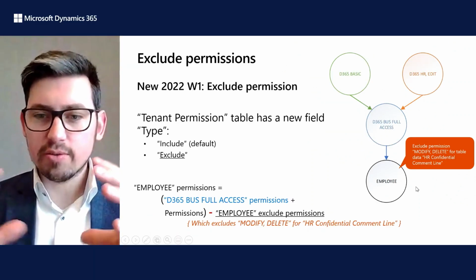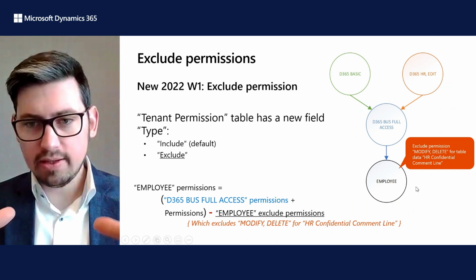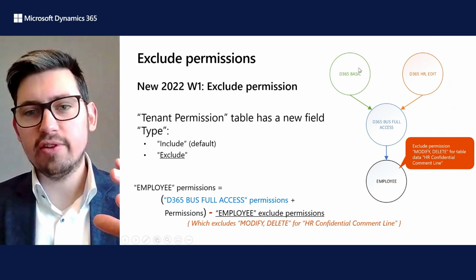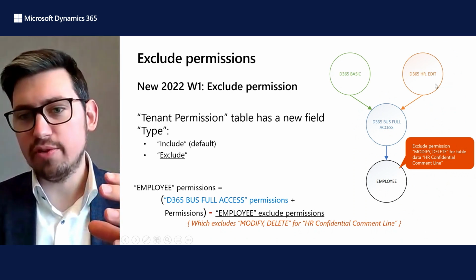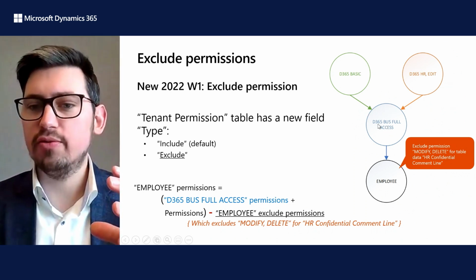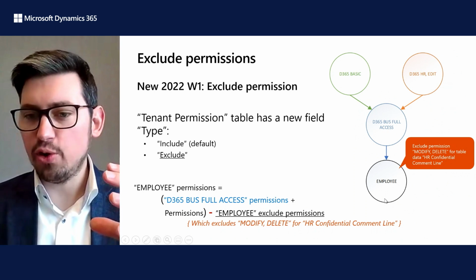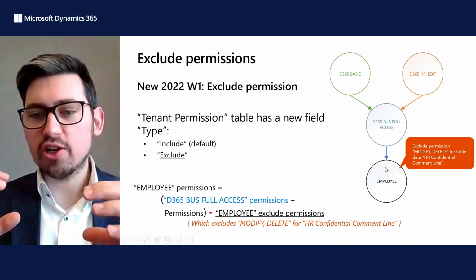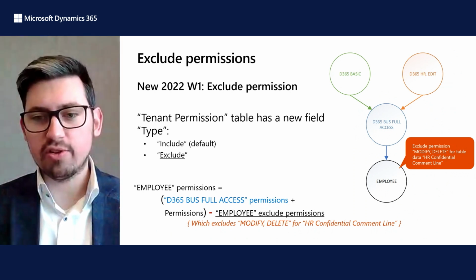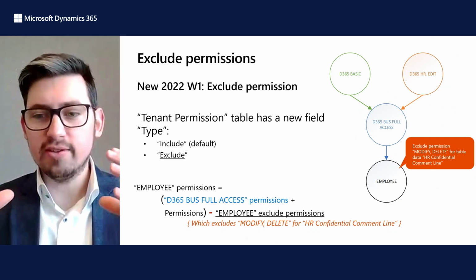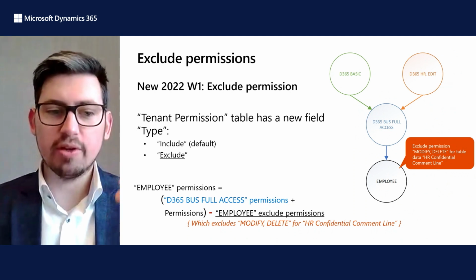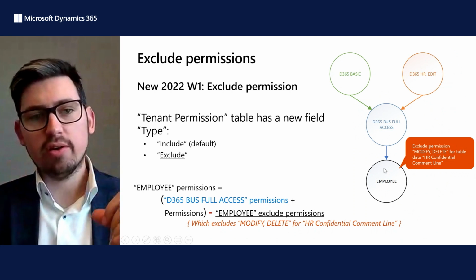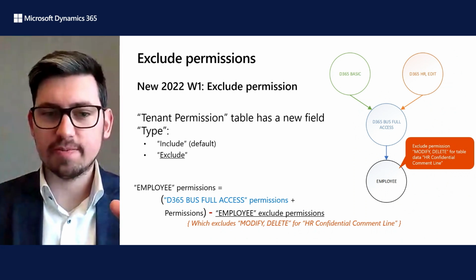So the resulting permission is that all the permissions coming from this node, D365 Basic, D365 Shared, they flow down the tree, D365 Business Full Access, and they flow to employee. And then we have this HR confidential command line with all the permissions. We do not want modify and delete, so we exclude them. So once all the permissions have been included all together, then we exclude these permissions.